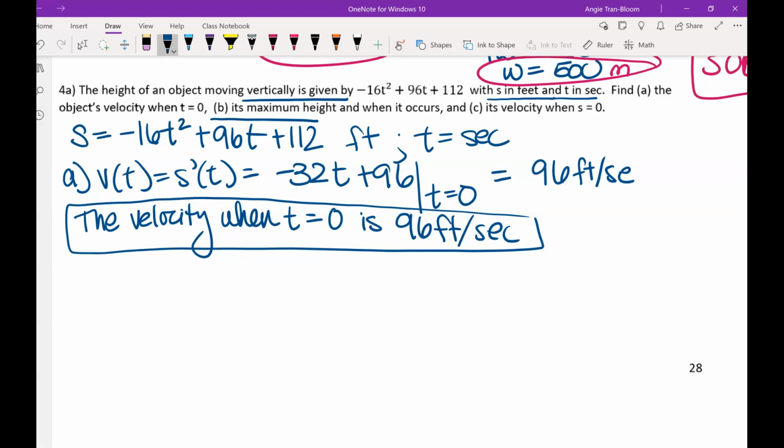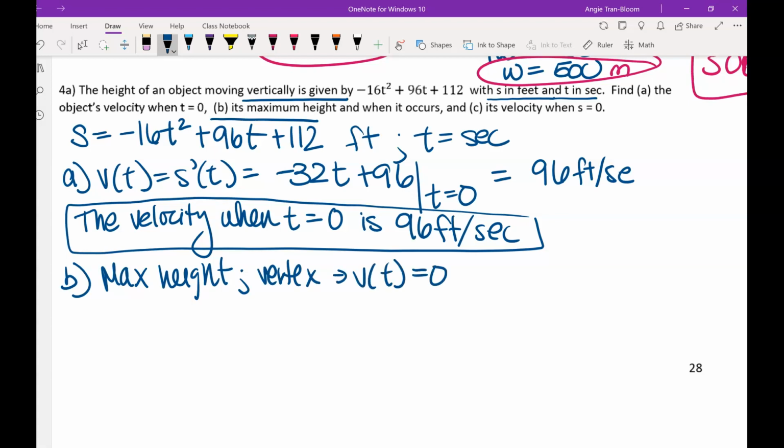Then part B says, find its maximum height and when it occurs. So B, maximum height, students, it's at the vertex. Well, vertex is when velocity must equal 0 because that's when the horizontal tangent is.